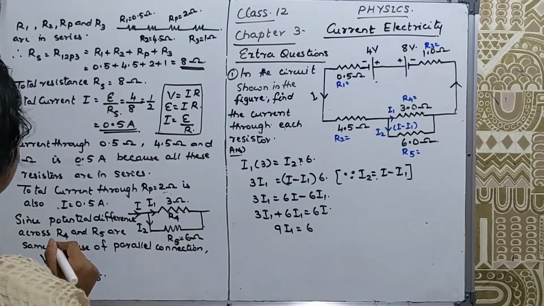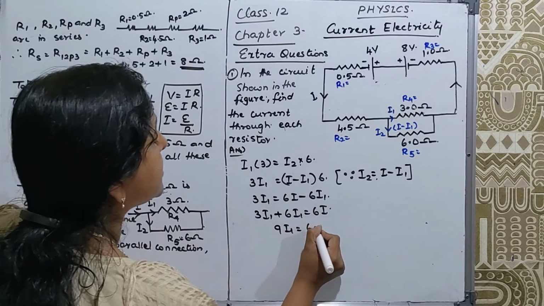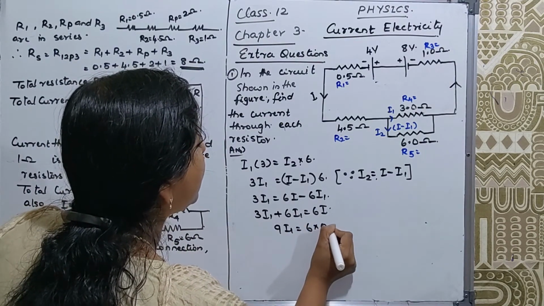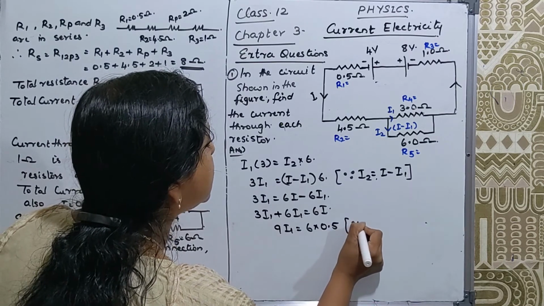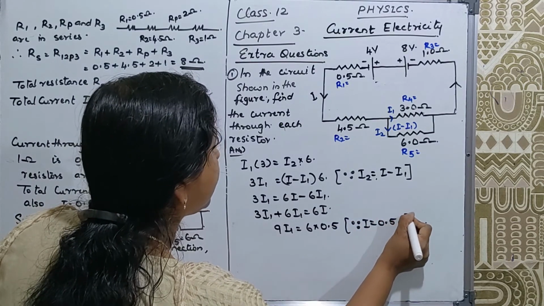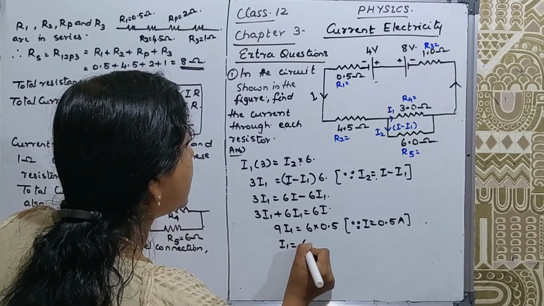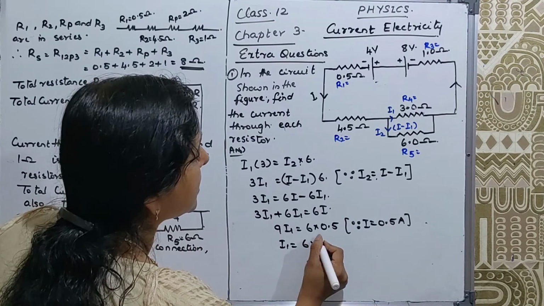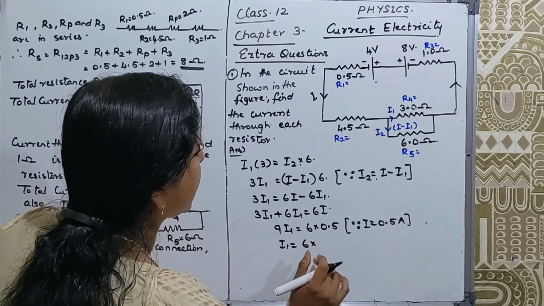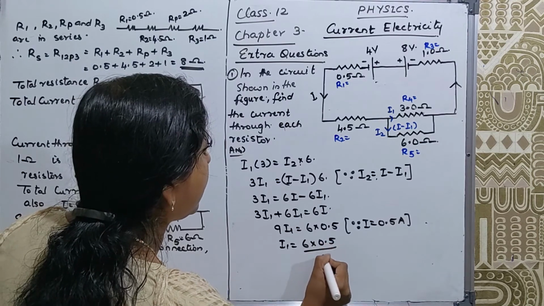But we know I is 0.5 ampere. So I1 equal to 6 into 0.5 divided by 9.